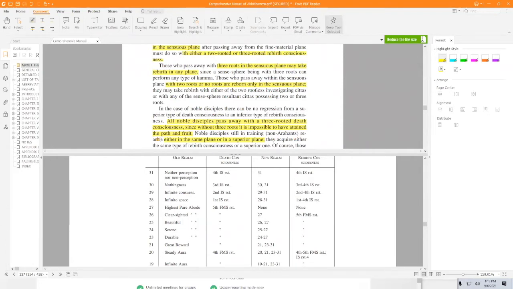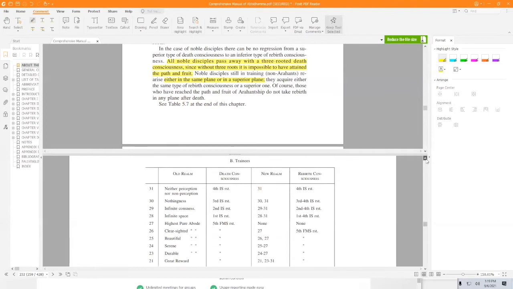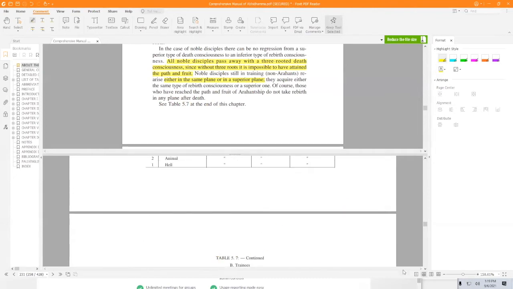So basically, they're reborn either in the same plane or in a superior plane. And then those who have reached arhatship do not take rebirth in any plane after death. And then if you want to follow this in detail, then you go to table 5.7.